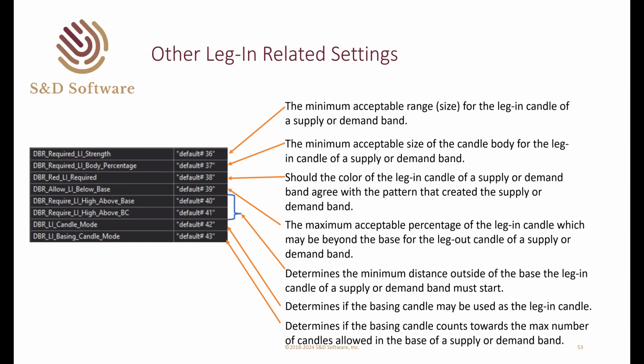By default, if the basing candle is being used as the leg in, the tool will not count that towards the limit on the number of candles in the base. But you have the ability to change that. You can tell the tool to always count it, or never count it, or you can leave it at the default, in which case it only counts it when it's not being used as the leg in.